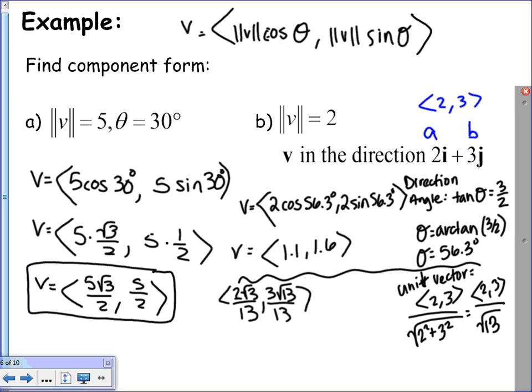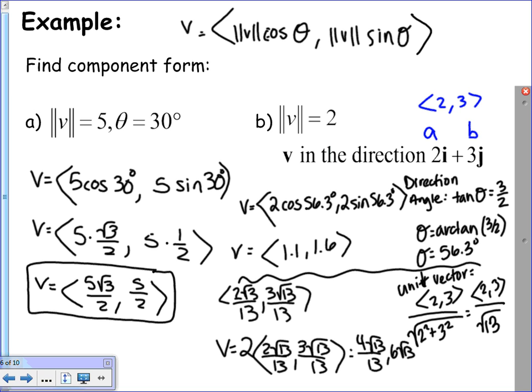And that would be my unit vector, which I would then multiply by my magnitude 2. So v would be 2 times that vector, which would give me 4 square root 13 over 13 and 6 square root 13 over 13.